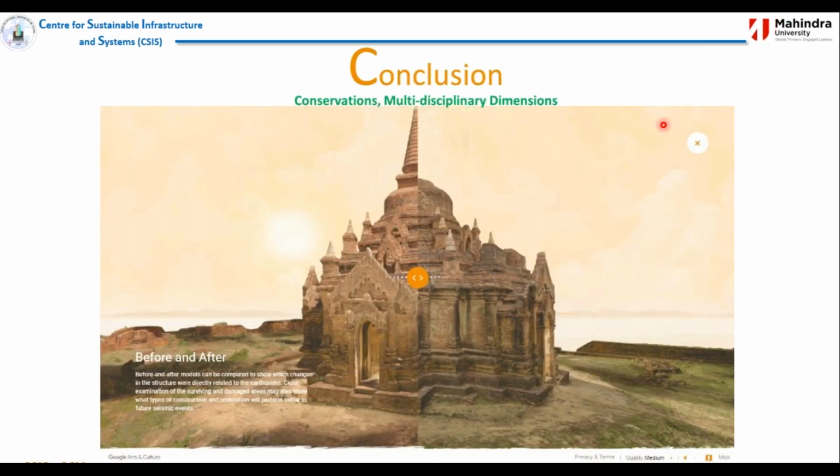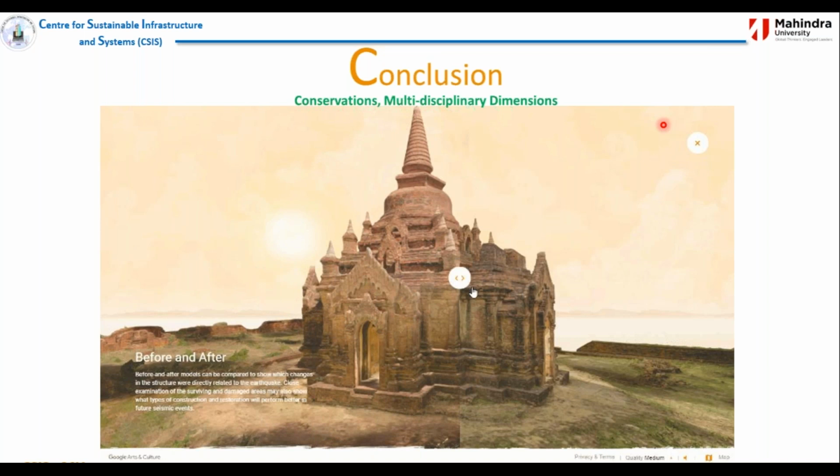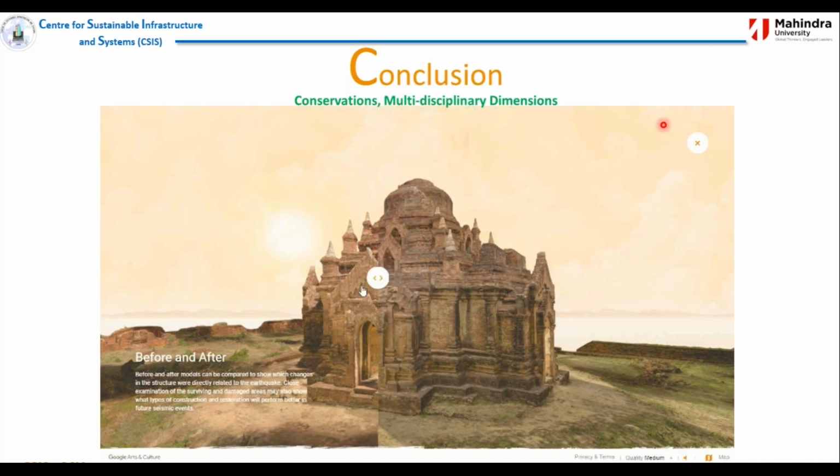And in conclusion, I would like to tell one thing. That's all one era. Now the whole country is looking at digitizing all the cultural heritage we have. So we are trying to take thousands of images of the actual structure. This is the actual one. So this is before and after.